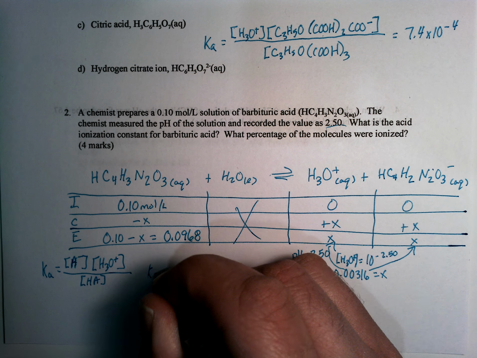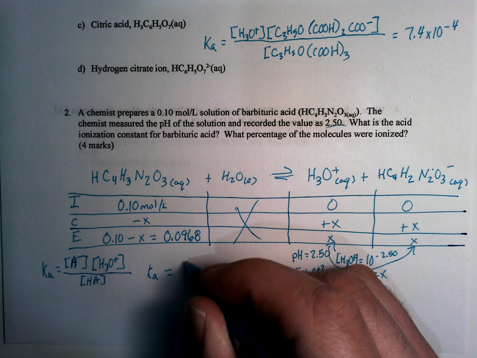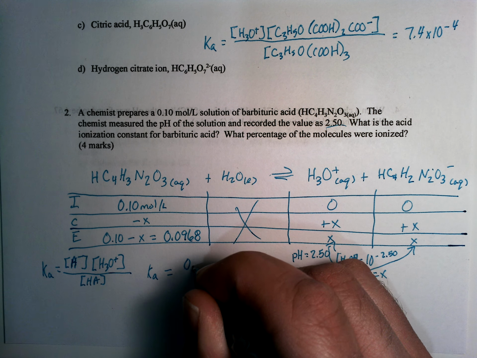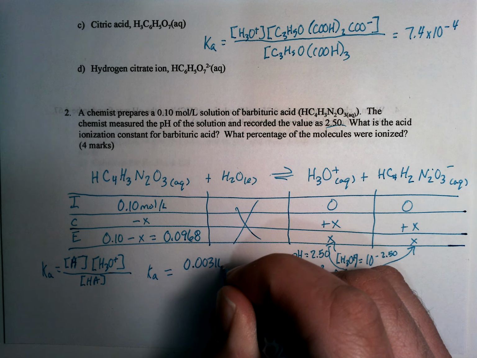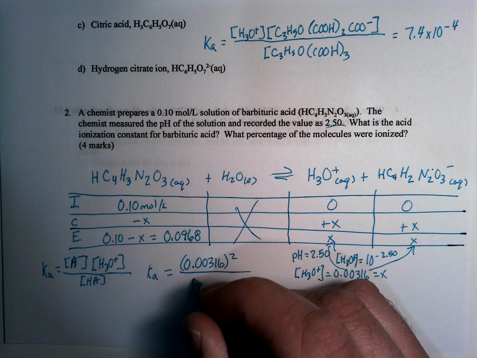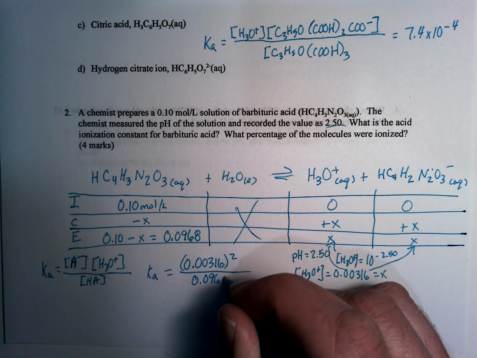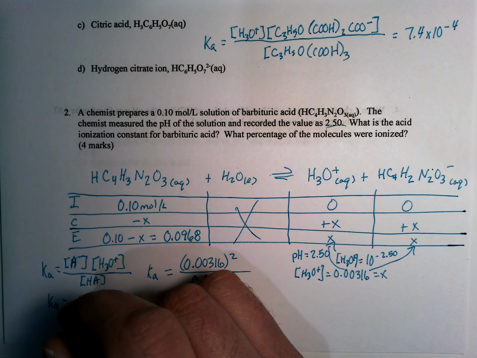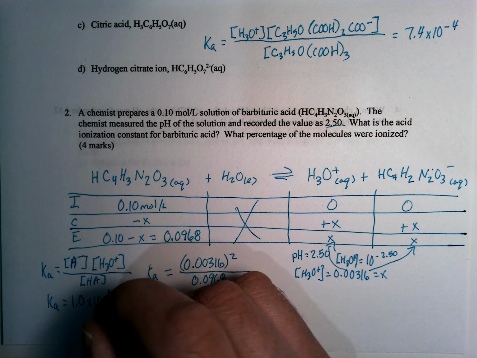So we put our numbers in now that we know them. These are both 0.00316. Because they're both the same, I'll just square it and then divide by 0.0968. So our Ka is equal to 1.0 times 10 to the minus 4.